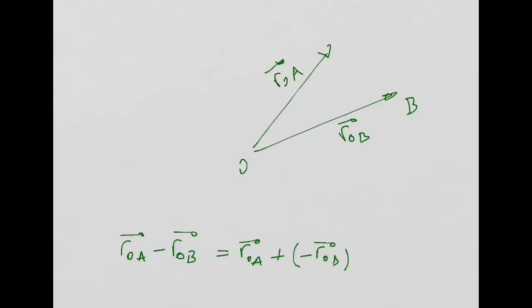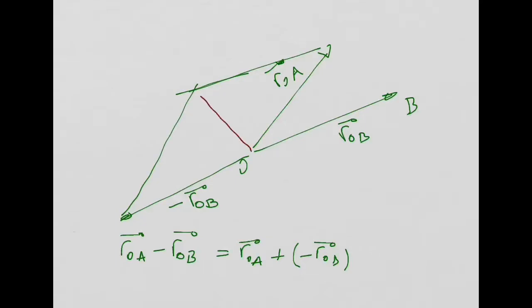So what I'm doing basically is, if I use this vector, this is my minus ROB. You all agree with me? So if I add these two vectors now, I need to draw parallel lines to these two vectors, and then this is going to be the result of my addition. So this is going to be RBA, which is equal to ROA plus minus ROB.